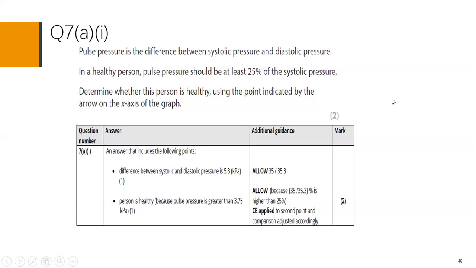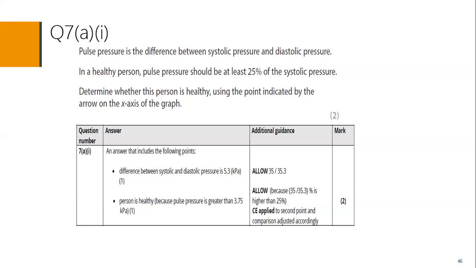We've got two more questions to look at quite quickly because I do want us to have some time to look at the examiner's report. So if we move on to, this is a determine question. It's a new command word in this qualification, and it must have an element which is quantitative.